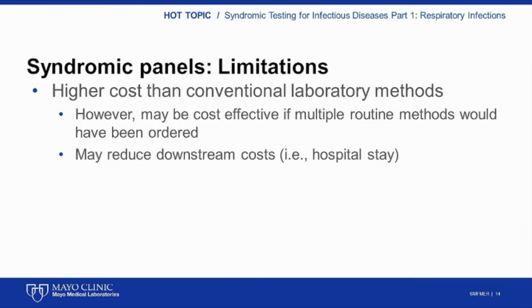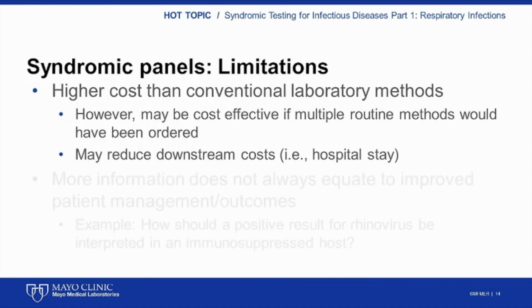In addition, use of multiplex panels may reduce downstream costs. For example, providing a rapid result for a broad range of pathogens may allow the healthcare team to modify isolation precautions, adjust antimicrobial therapy, and potentially make informed decisions regarding the need for hospitalization.